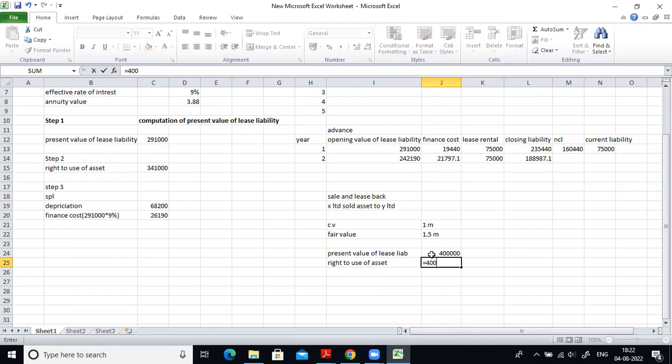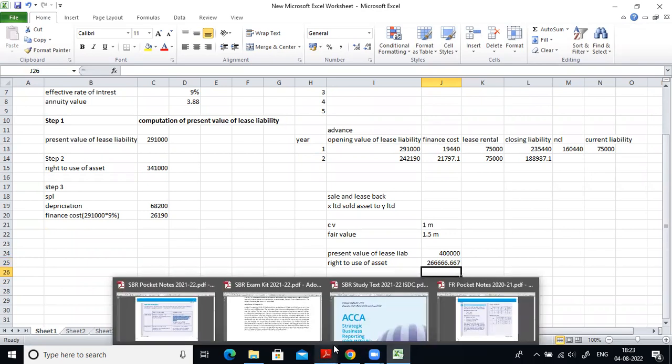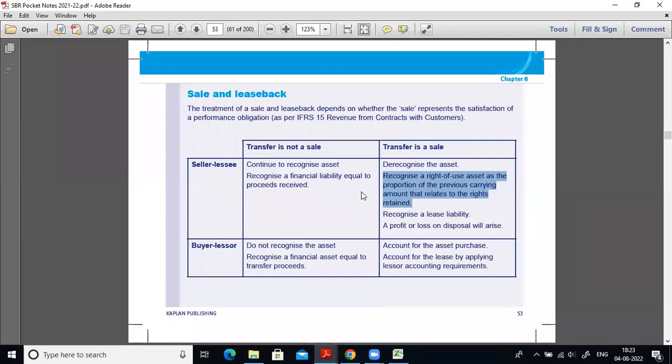Nothing but 4 lakhs into 1 divided by 1.5. So you need to recognize our right to use of asset as 2,66,667. So this is the point which is explained here.